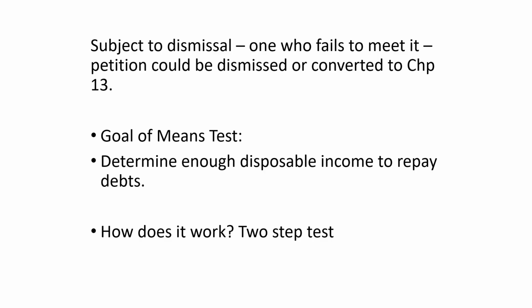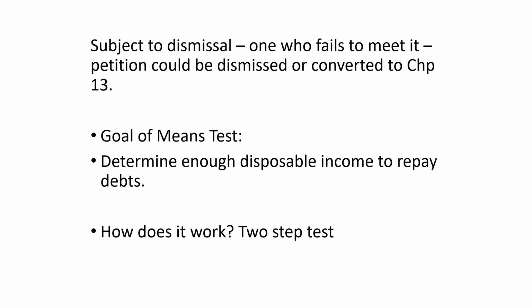This means test takes into account income, expenses, and how big the family is, to determine whether or not there's any sort of disposable income that will be available to repay debts. Although it was designed to restrict the number of debtors who can get their debts forgiven through a Chapter 7, most people actually meet this test quite easily.